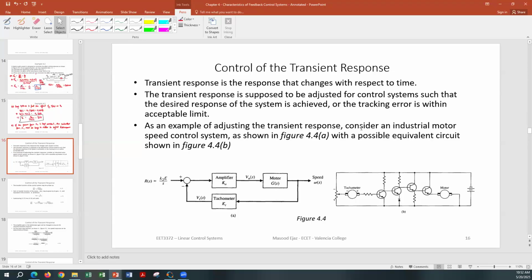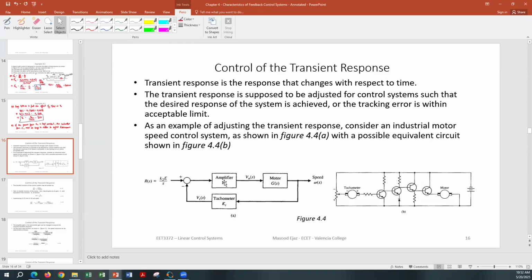So we have an industrial motor speed control system, given by a bunch of BJTs, and you have diodes and a motor, power supply, tachometer, variable resistor, and so on and so forth. And the block diagram of the system is shown here. Input is taken as K2 E over S as a step input.